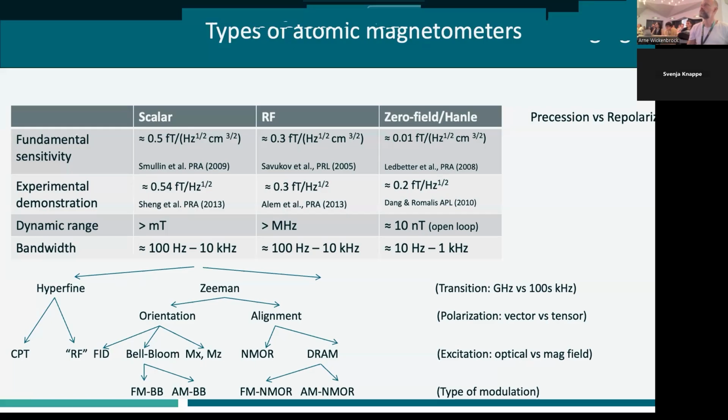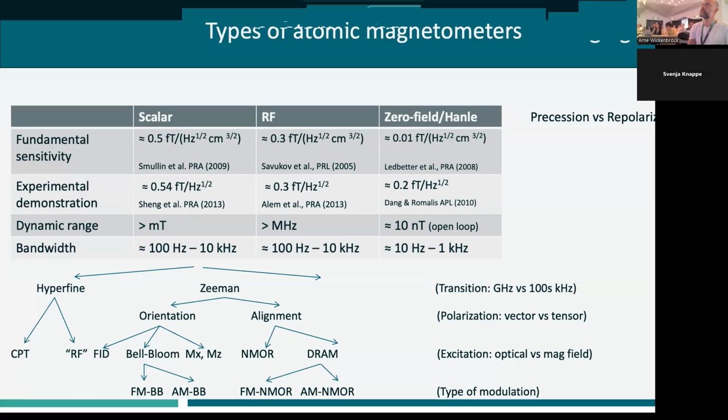And then finally, how am I going to drive that precession? Is it optically, or is it with magnetic fields, or do I not drive it at all and just watch it decay? And if I want to drive this, I need to modulate. Like if I want to drive it optically, I need to somehow either amplitude or frequency modulate something. So I drive, I don't drive, because I need to switch something on and off at that Larmor frequency or a multiple of it.